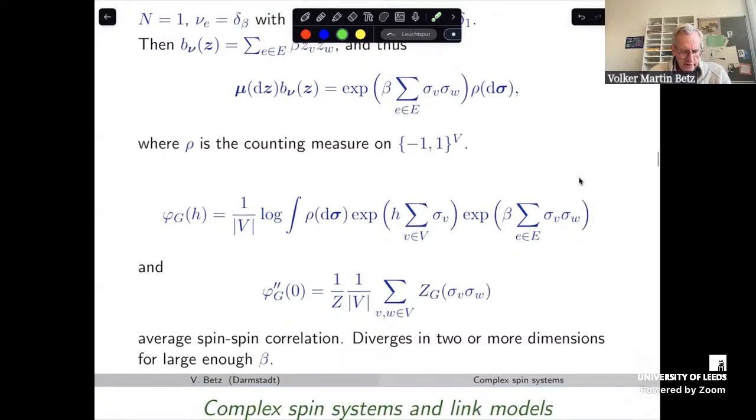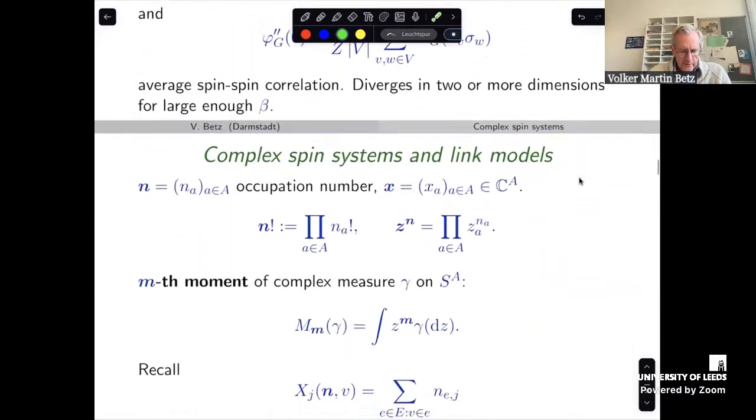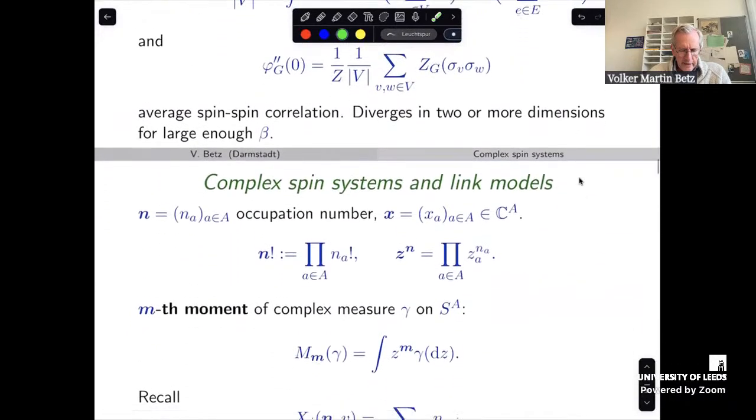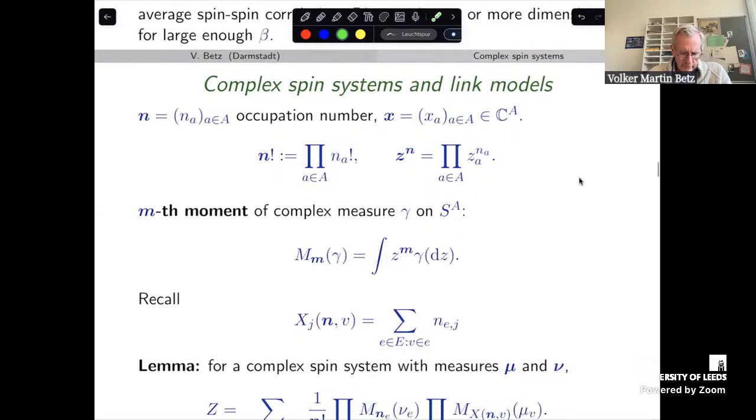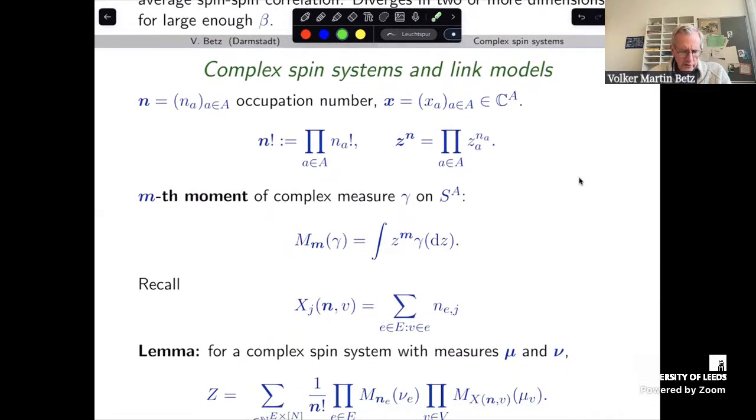phase transitions. And for complex spin systems, I claim that this actually leads precisely to these graphical models. This is how it goes. The special thing about complex spin systems is that complex measures can very well have a lot of moments equal to 0, right?